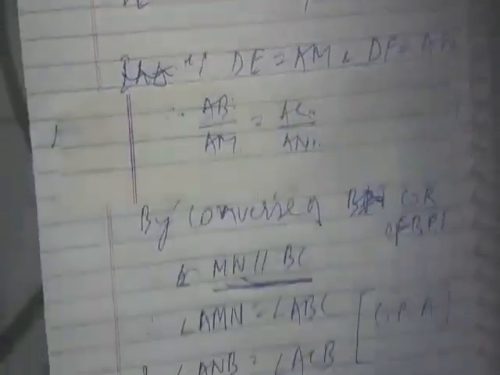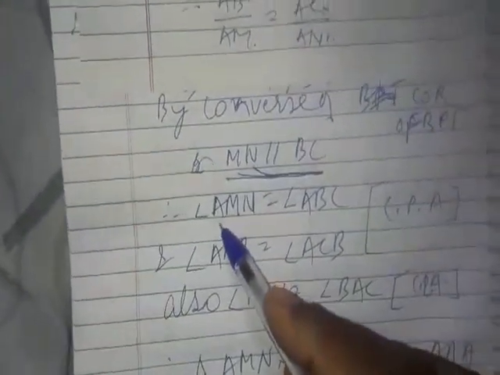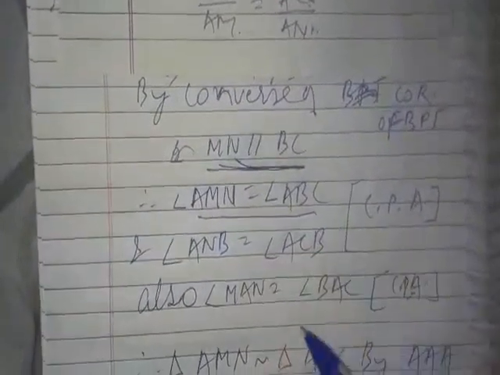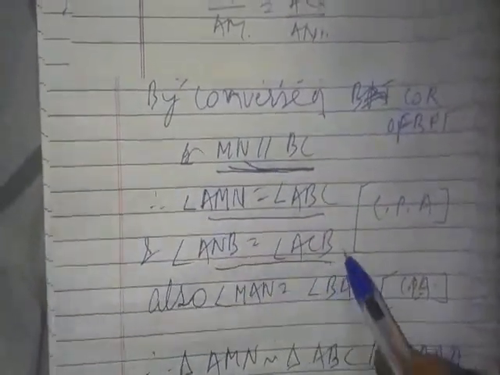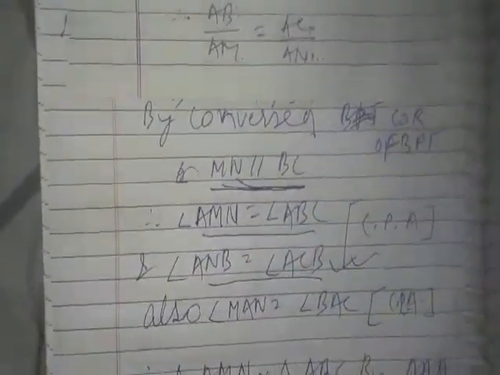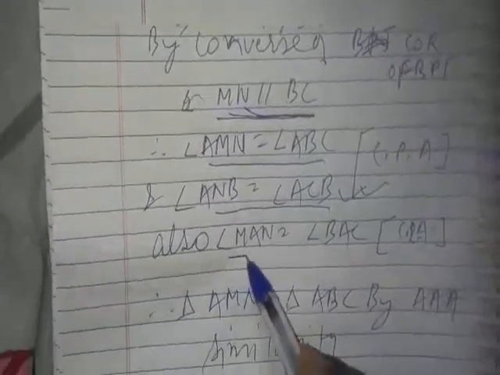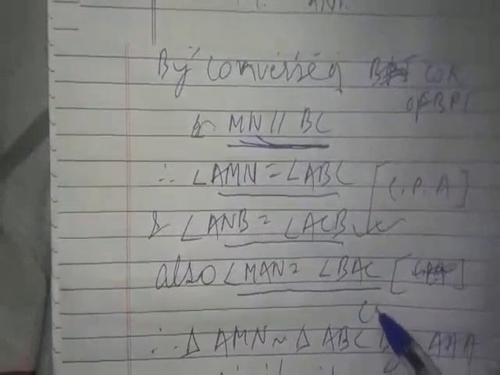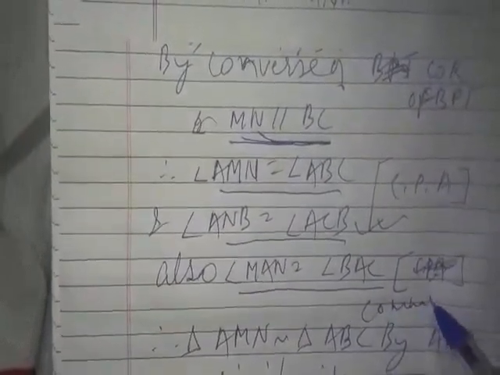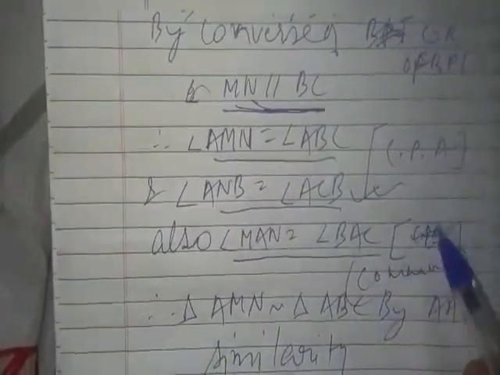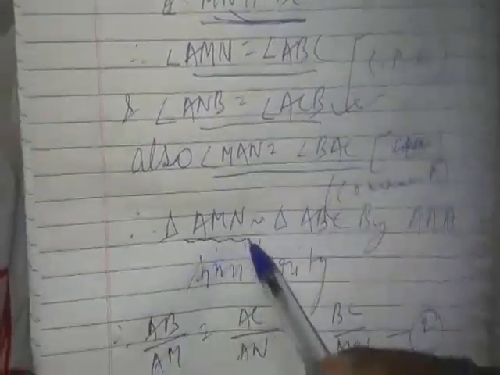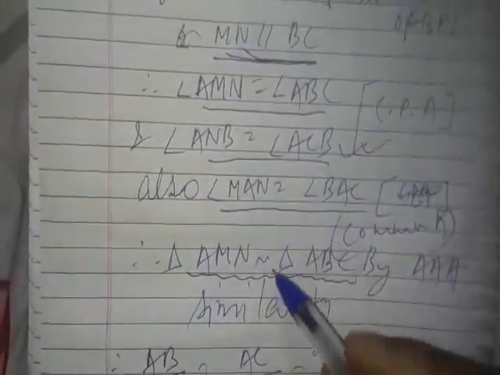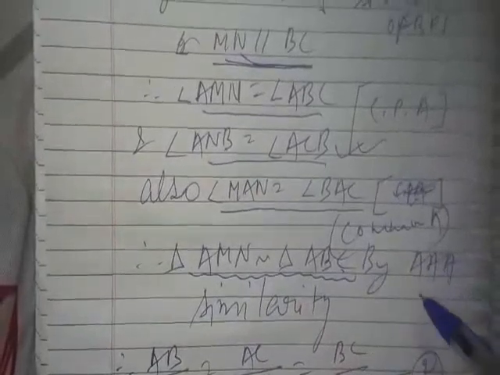That angle AMN is equal to angle ABC and angle ANM is equal to angle ACB. They are corresponding pair of angles. And angle MAN is equal to angle BAC. They are common angles. Therefore, we can say that triangle AMN is similar to triangle ABC by AAA similarity.